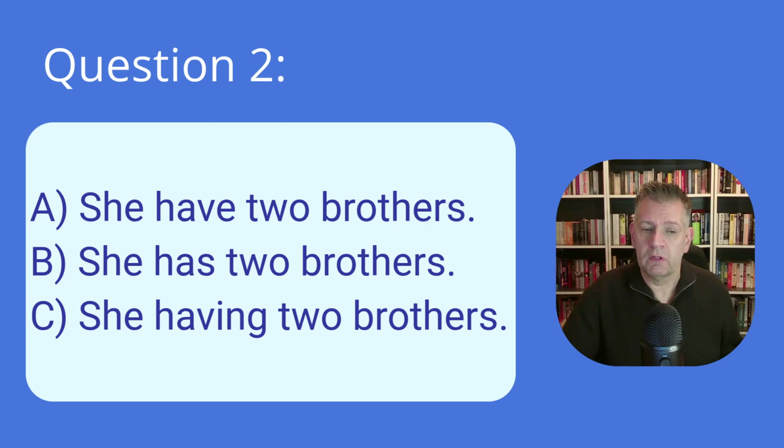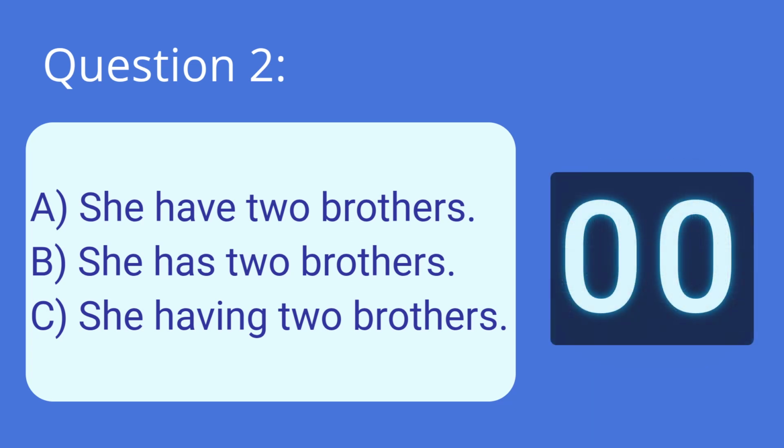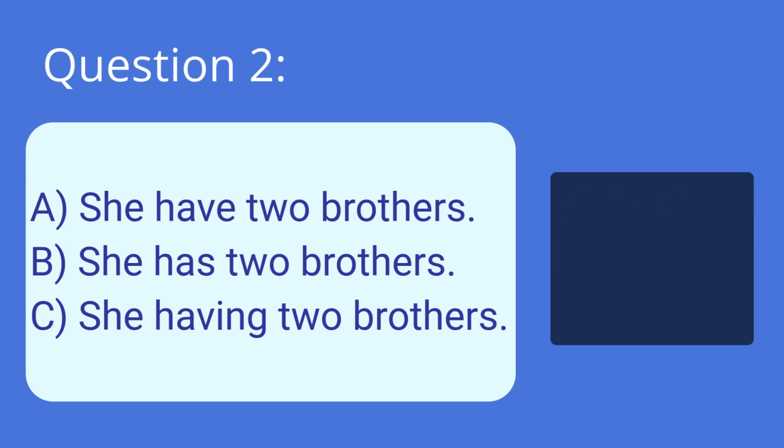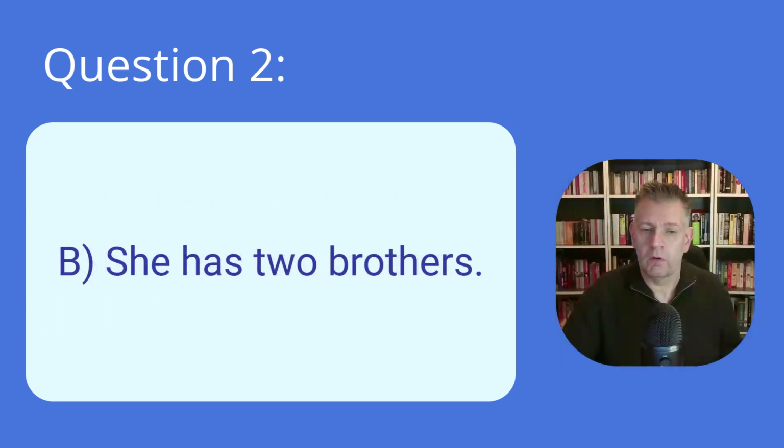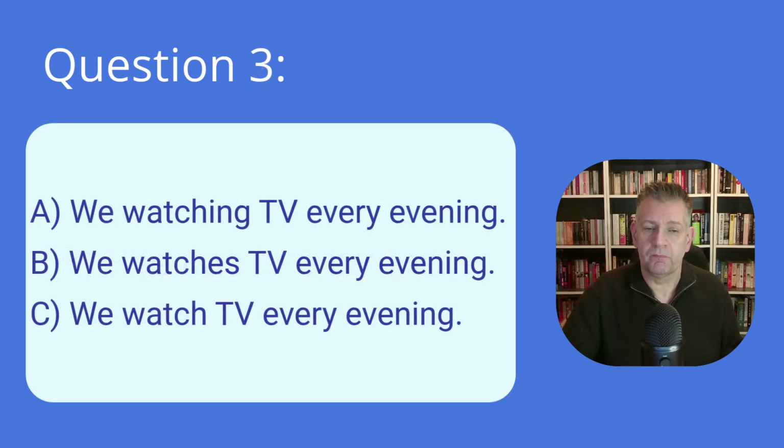Question 2. A, she have 2 brothers. B, she has 2 brothers. Or C, she having 2 brothers. The answer is B, she has 2 brothers.